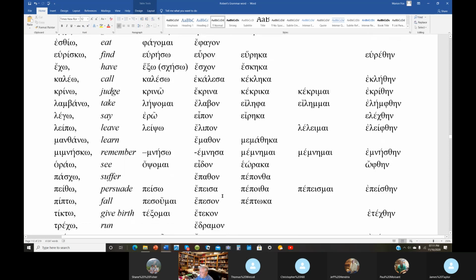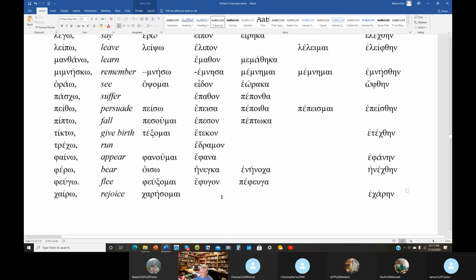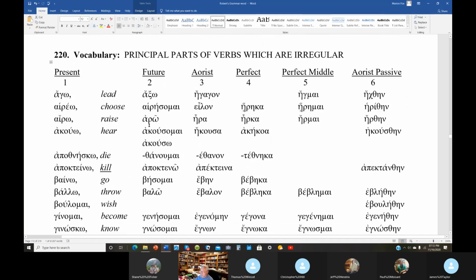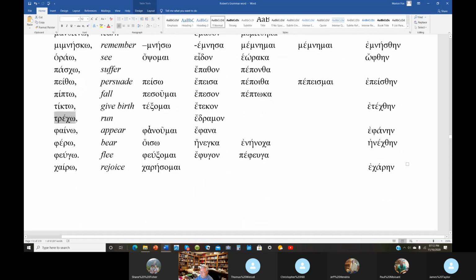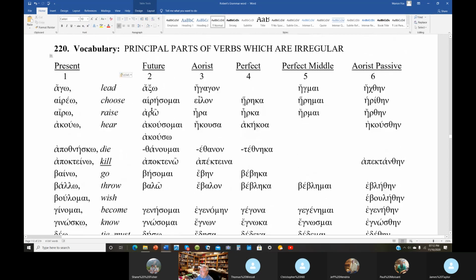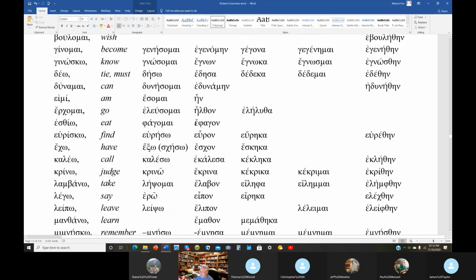Questions? All right. Again, some words may take other verbs to do the action, like the future. Here's your future table. Let me show you. That's your future column. So this one probably doesn't have a future, may use a different word in the future, but does have an aorist form.